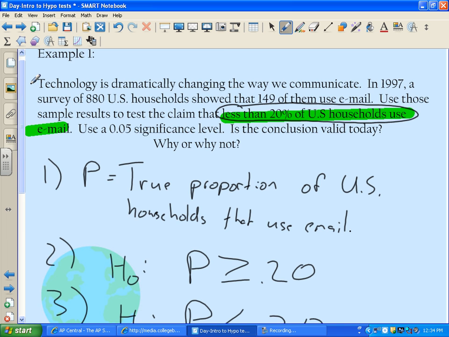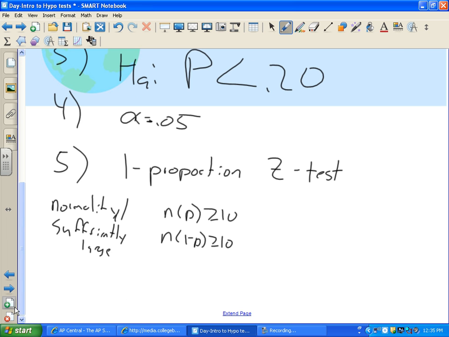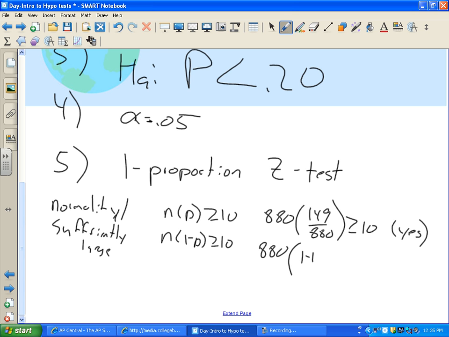149 over 880. So this would be 880 times 149 over 880 greater than or equal to 10. That's a yes. And that's 149. And then 880 times 1 minus that proportion is also greater than or equal to 10.